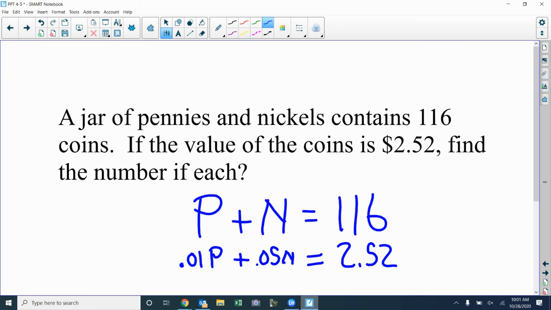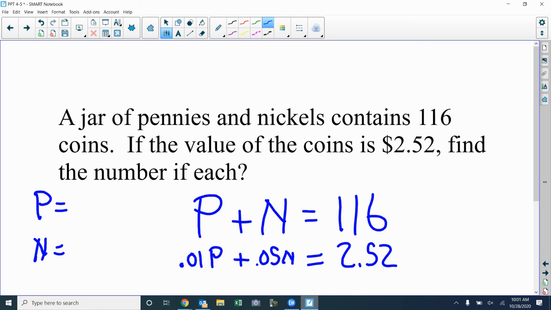Again, much easier with matrix equations with all these decimals, isn't it? I'd probably start by multiplying by 100, and that would help, but this one's not too bad. Put that in your calculator. This is the last one. Pennies equal something, nickels equal something.